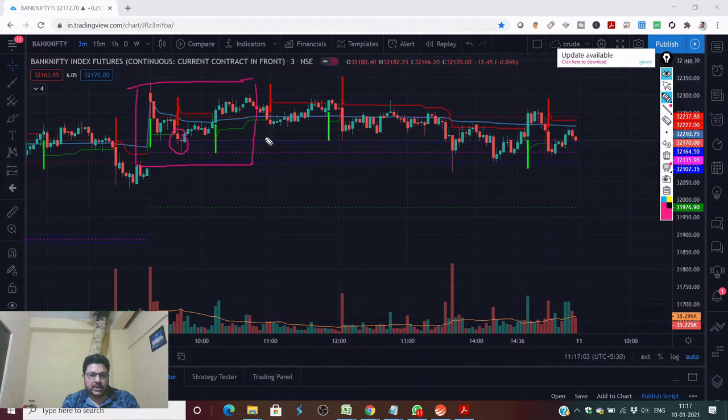If you take trades after 11:30 till about 1 o'clock, you will end up making losses, because there will not be much movement. It will always be sideways, and whatever trend was in the initial hour will continue in the second half, because the first hour is very important for institutions.